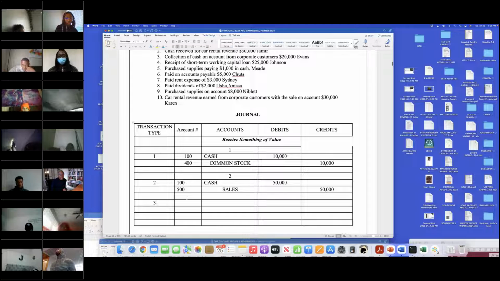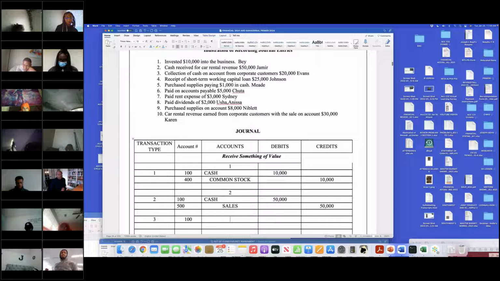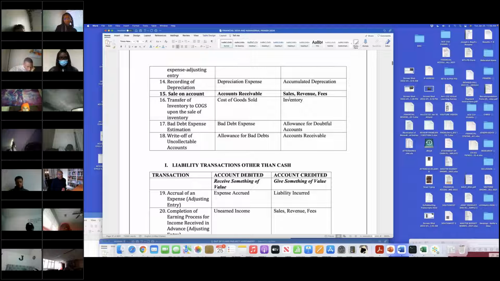So once again, we're just looking at the cash ones. We're debiting cash. And in this case, we're crediting what? Accounts receivable, because in a type 3, we debit cash and credit accounts receivable.